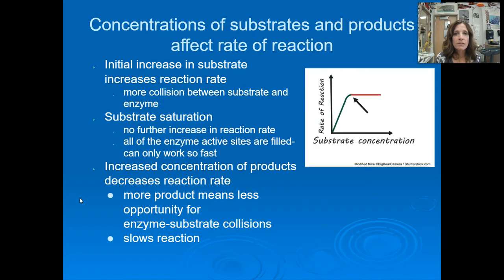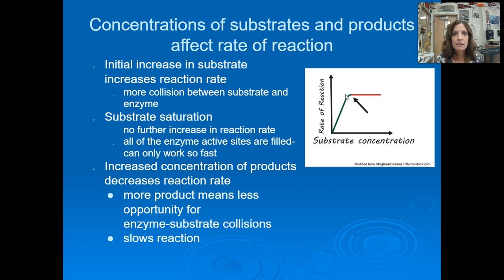So concentrations of substrates and products also affect the rate of reaction. In the beginning, an initial increase in the substrate is going to increase the reaction rate because you have more enzymes and substrate hitting each other, and so more reaction happening. Pretty soon, and that's this green line, your substrate is going to be what's called saturated.